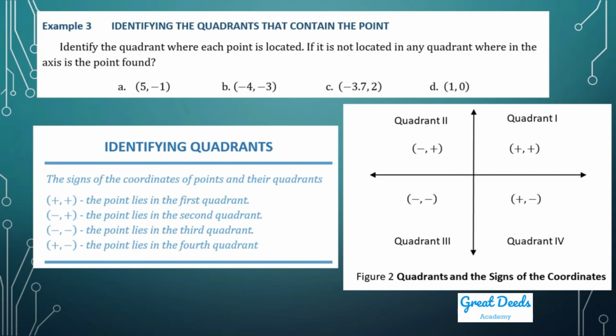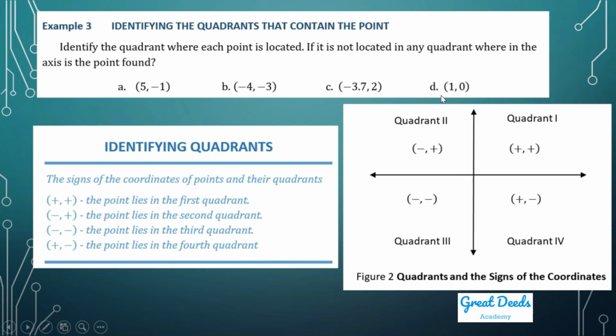So let's say we have these points. Let us locate the quadrants that contain these points by just looking at the sign. Positive x, negative y: this is in the fourth quadrant. Negative, negative, (-4, -3): this is located on the negative part of the x-axis and the negative part of the y-axis, so it's in the third quadrant.